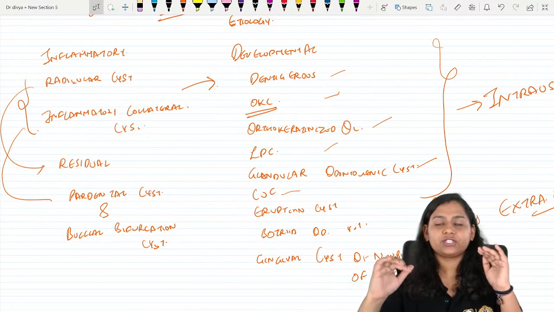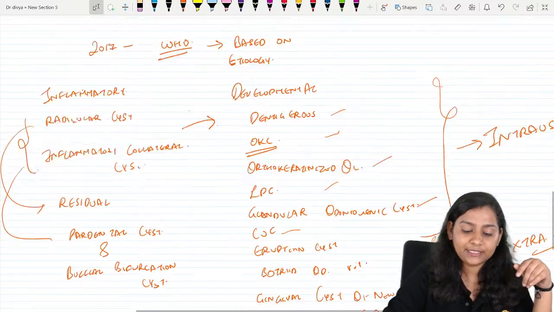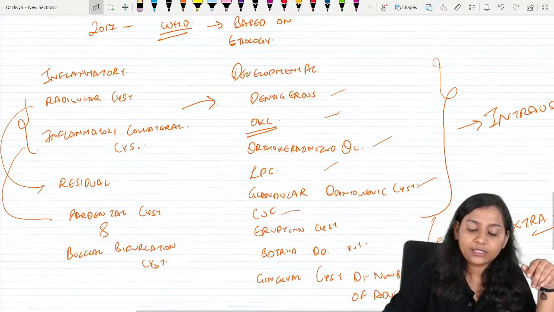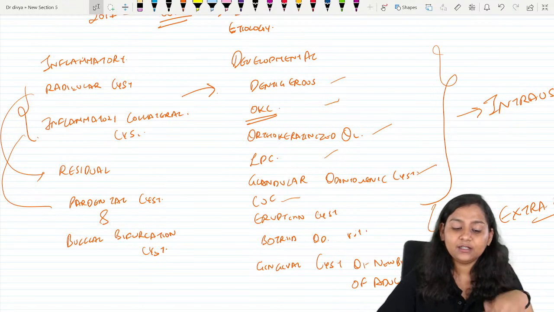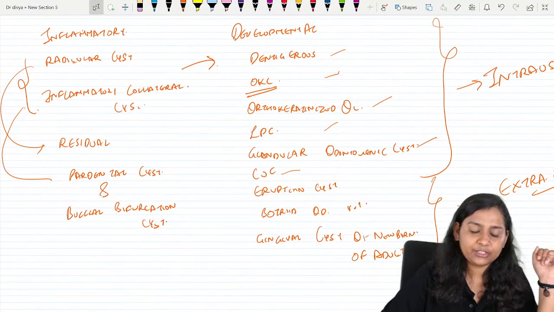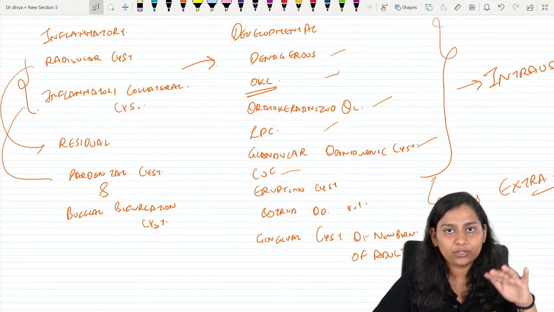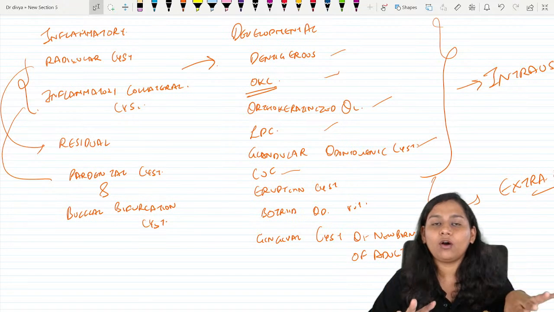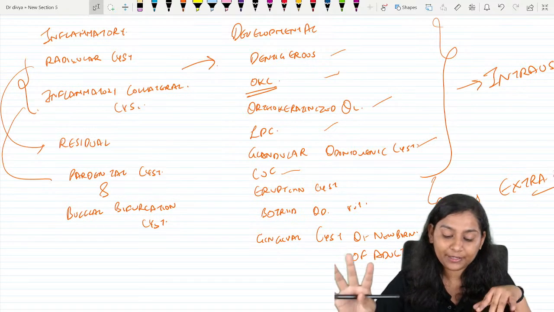I hope this is clear. Both the classifications: the source of epithelium, and the etiology of the WHO classification, that is inflammatory cyst and developmental cyst. Okay. So just have a revision. In inflammatory, there is radicular cyst and inflammatory collateral cyst. Apart from these two cysts, all other cysts fall under the developmental category.